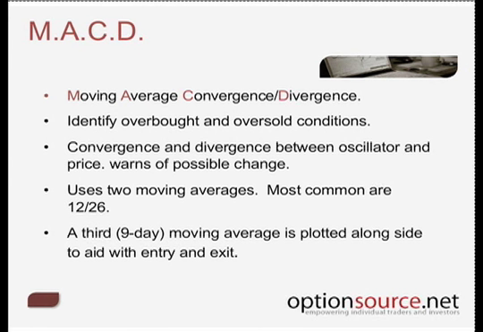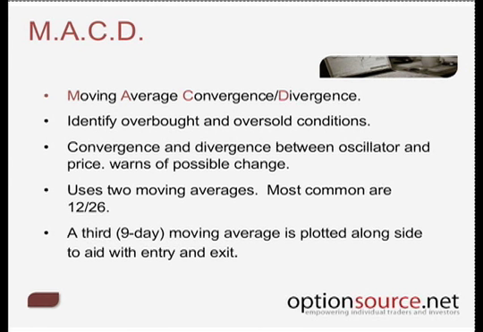Now, the most common numbers used for your MACD is essentially 12 and 26, and really what that particular component of the MACD equation is doing is calculating the last 12 bars and the last 26 bars, adding them together, dividing them by 2, and plotting a line.